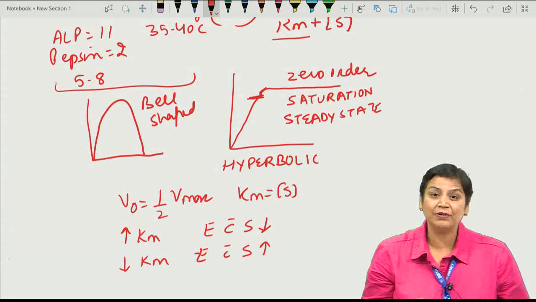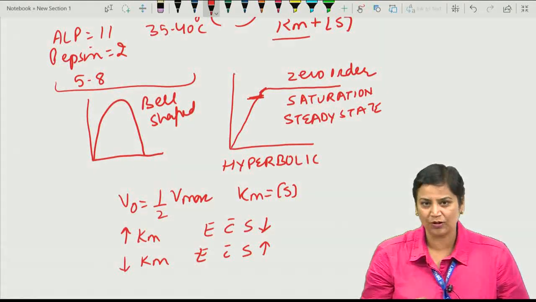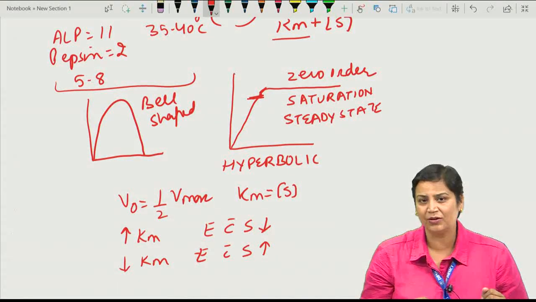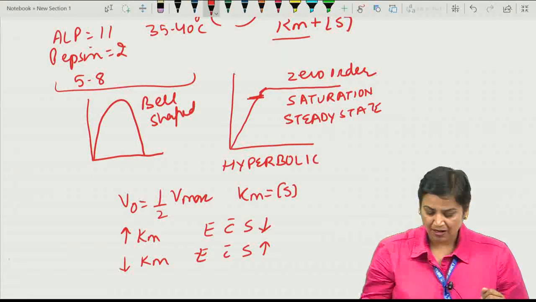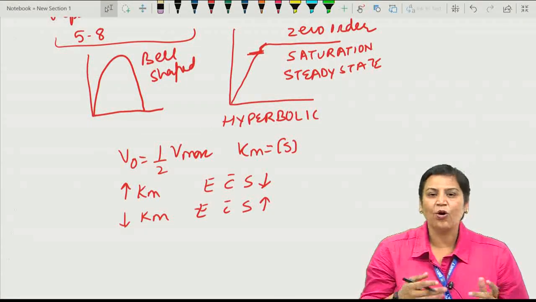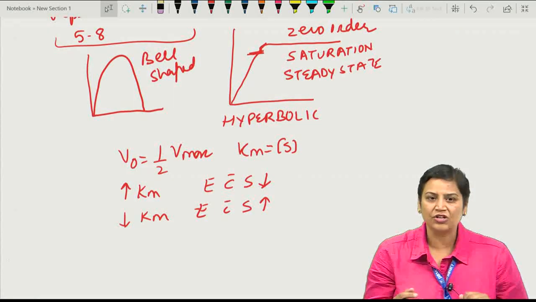That is exactly what happens in the case of hexokinase and glucokinase. Hexokinase can work even when the concentration of glucose is too low, whereas glucokinase will work only when the concentration of glucose exceeds 100 milligram per deciliter. So this is zero order kinetics or steady state kinetics.